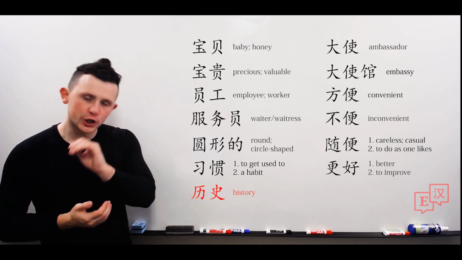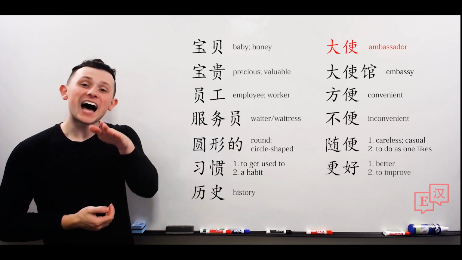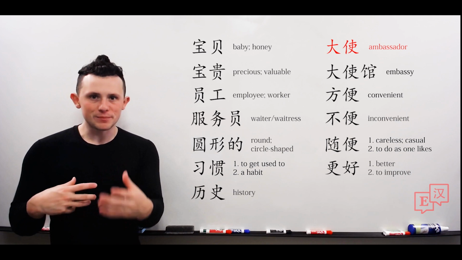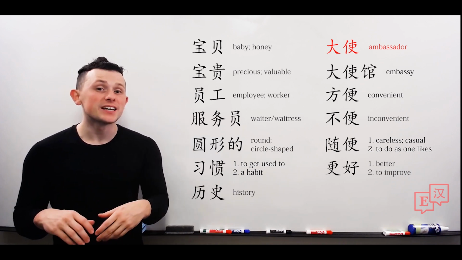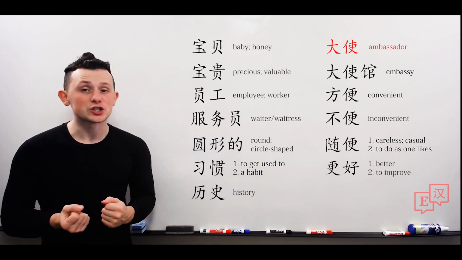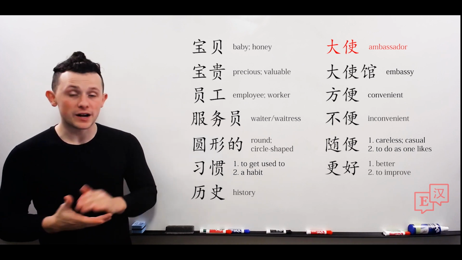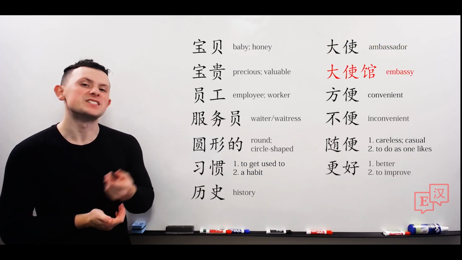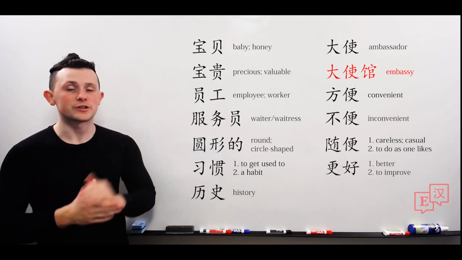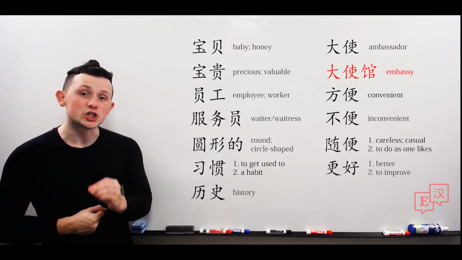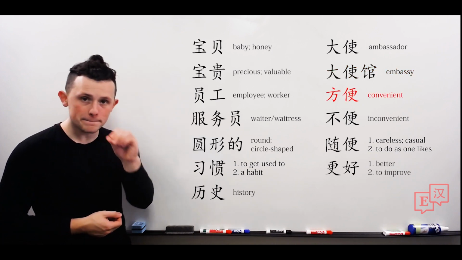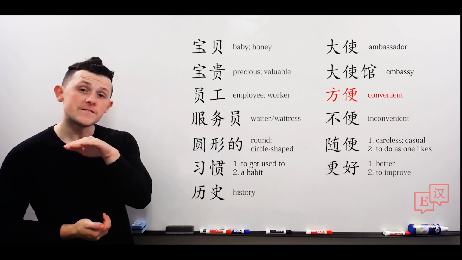历史, 大使, big employer to make, in this case actually ambassador. 大使 is the ambassador of a country. And 大使馆 is the building that our ambassador is in. 大使馆，方便.